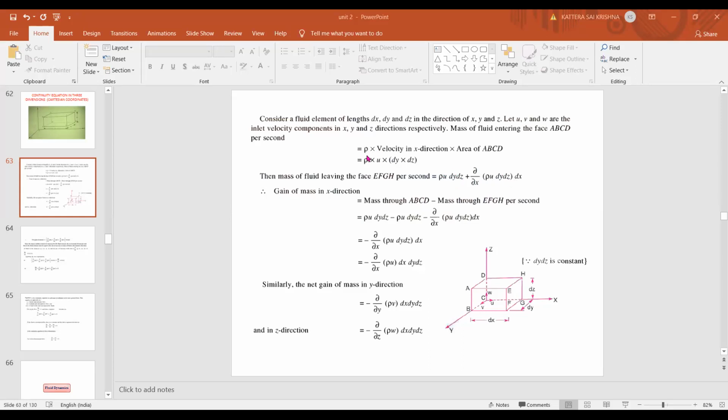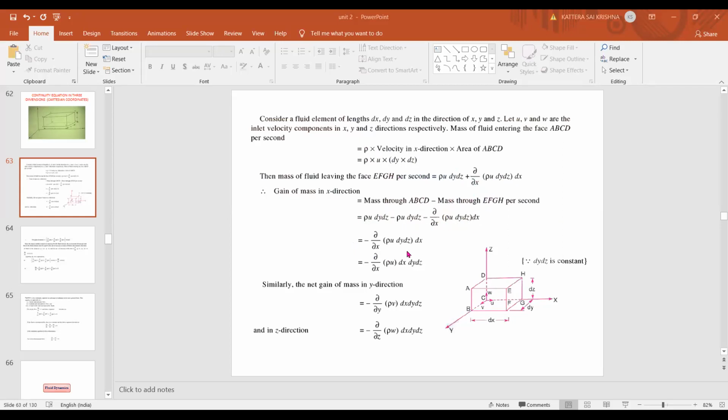First term minus the second term. If you see here, both terms are the same, so rho u dy dz and rho u dy dz get cancelled. The remaining term is the thing which is left inside the fluid. The changed amount is left inside. So minus of dou by dou x into rho u dy dz into dx is the term which is left inside.